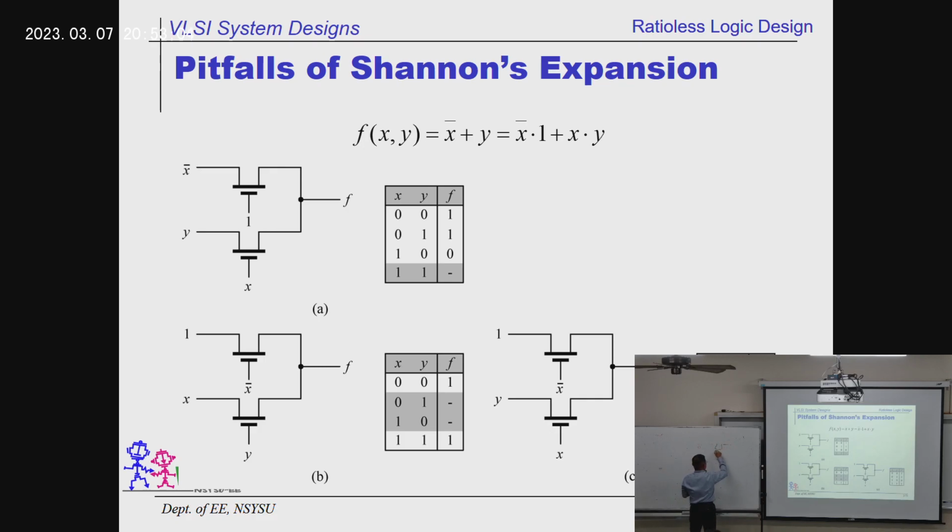So this is a very common network. If you do it this way, with X bar and this is Y bar, no problem at all. Y is used as input, X is used as control. Everybody's happy. The only problem is whether this function is exactly the thing you like.